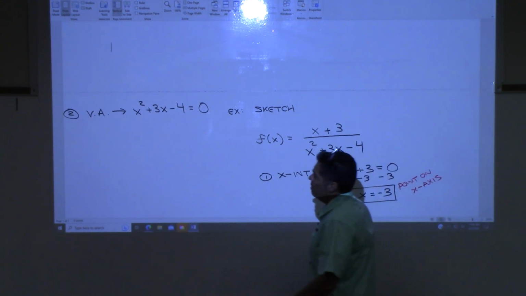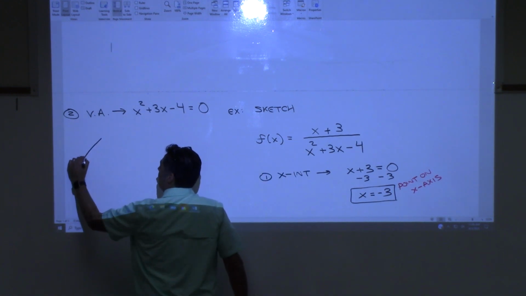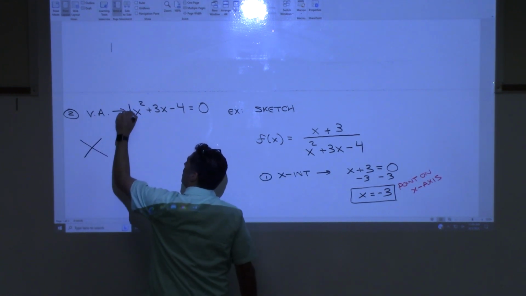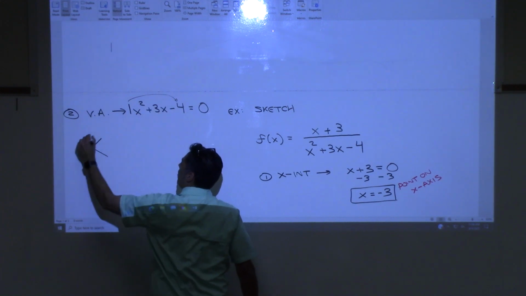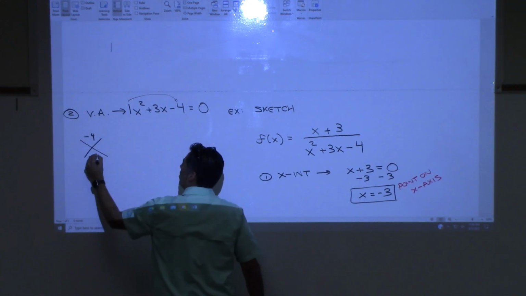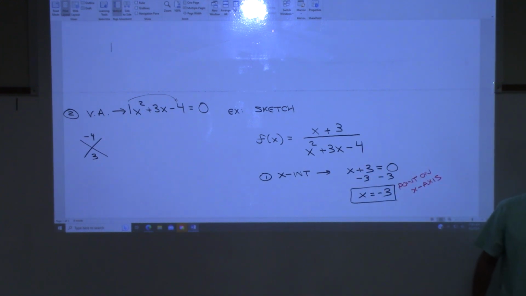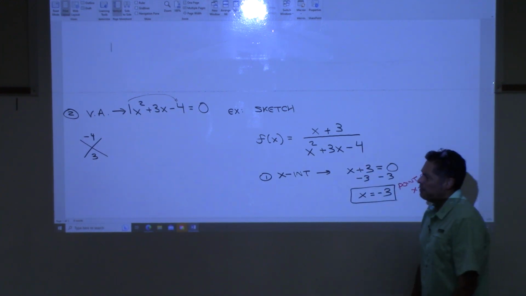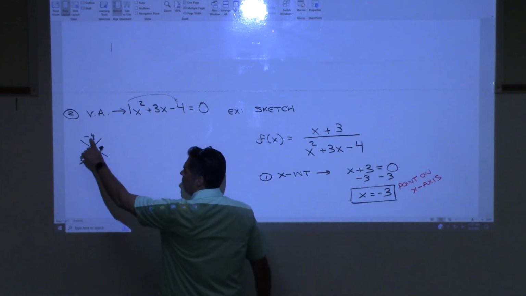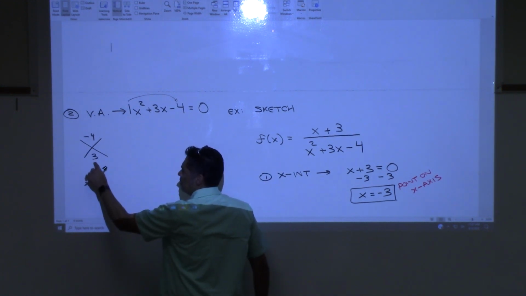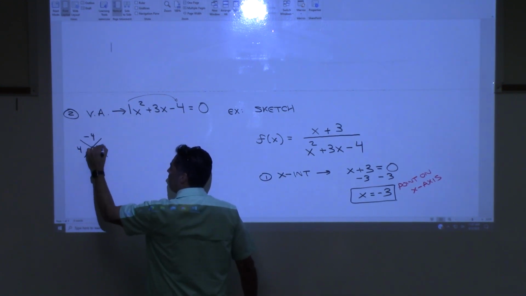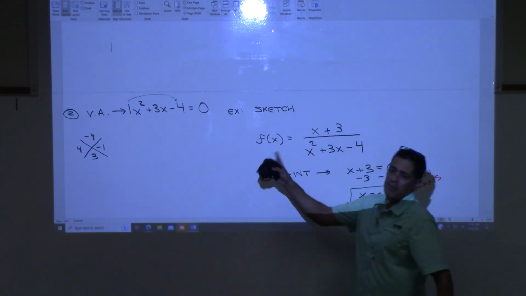So if I try factoring, I'm going to use that little thing here where I put a 1 here and I multiply and I get negative 4 up here, and then this would be positive 3. I have to come up with two numbers that multiply to be negative 4, add up to be positive 3. What are they? Two numbers that multiply to be this, add to be this. 4 times negative 1. Okay, now we've been through this, right?